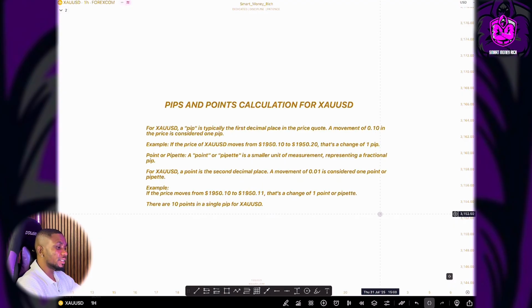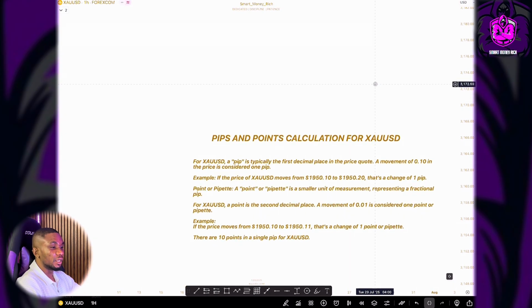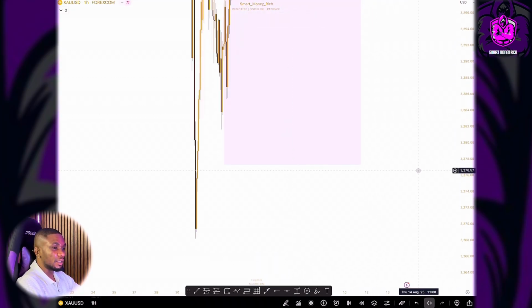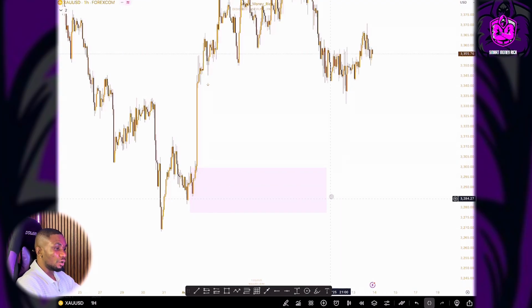There are 10 points in a single pip for gold. You need to remember this, and this is the exact reason why gold movement is totally different from currency pair movement. Do you understand guys? Let me analyze the chart right now and see the potentials of this. So here we are on gold.